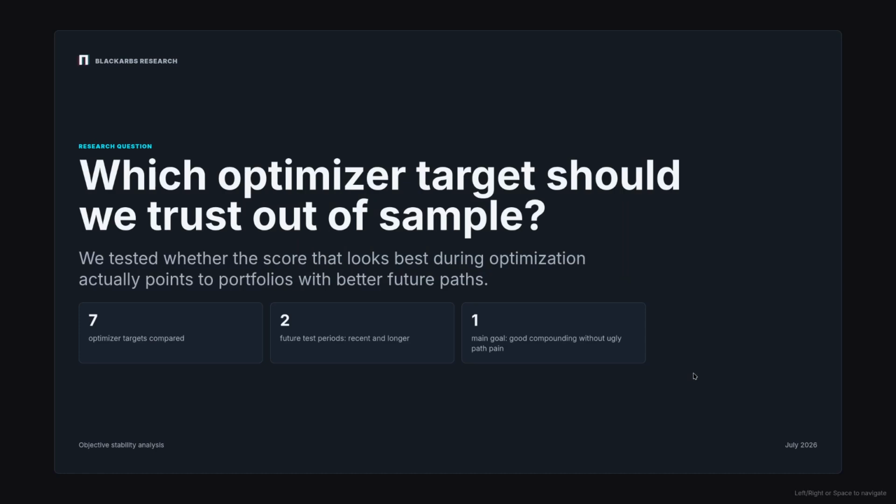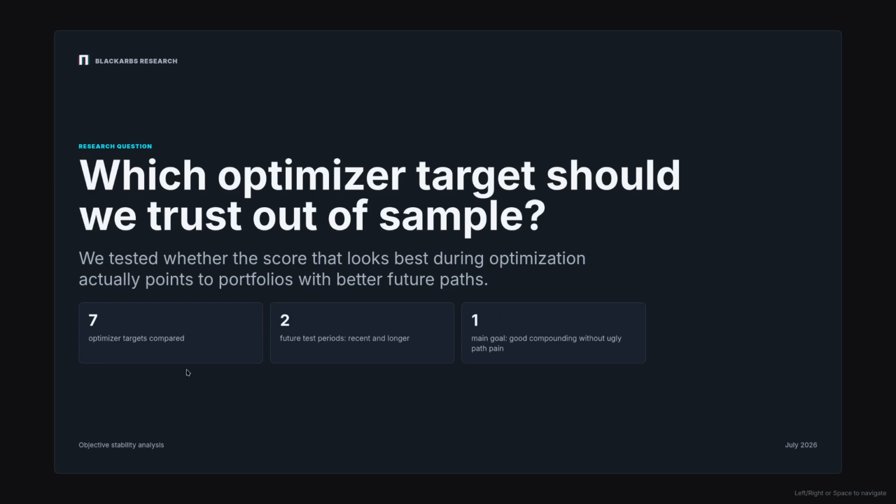So here's a research question, and let's get into it. Which optimizer target should we trust out of sample? In this, we tested whether the score that looks best during in-sample optimization actually points to portfolios with better future paths.